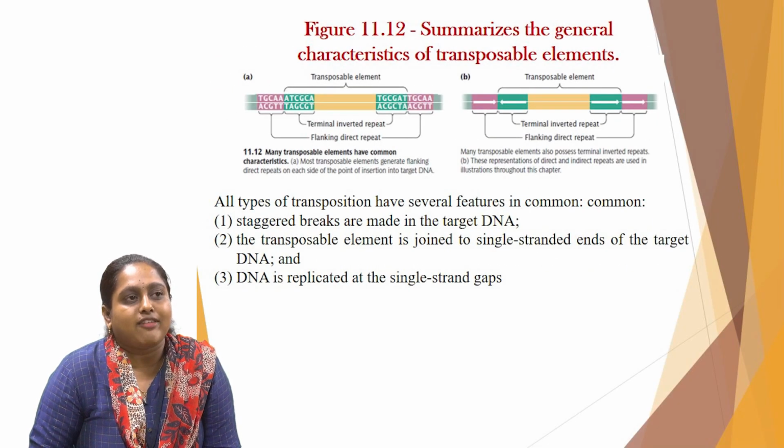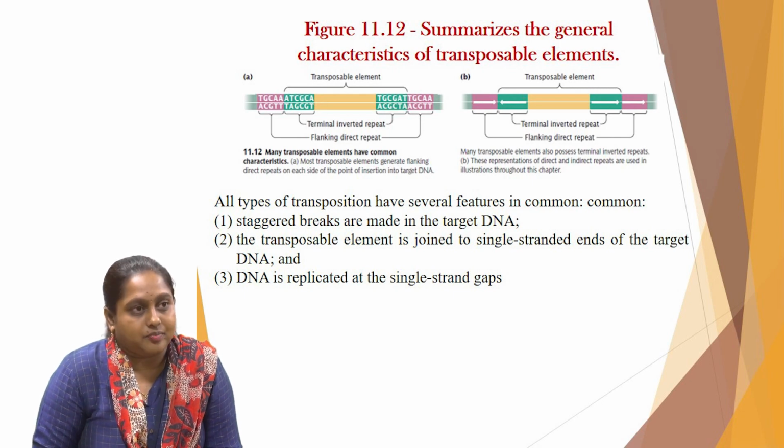Next, figure 11.12 summarizes the general characteristics of a transposable element. As I already said, the transposable element is the sequence. Next to that, we can find terminal inverted repeats, the same inverted repeats we have seen in the last picture, represented in green.